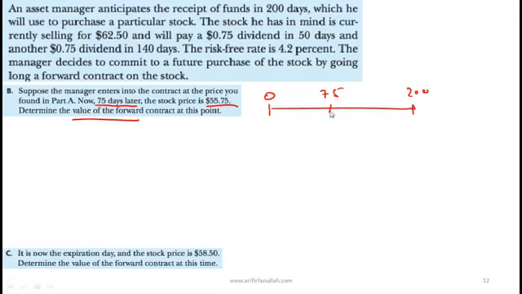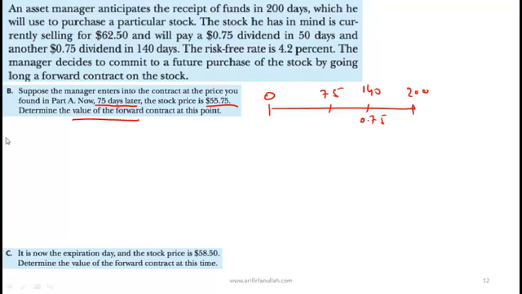So now you are on day 75. Do you still need to worry about the dividend that had already been paid? No, that's gone, done. Now are you worried about the next dividend? On day 140, the dividend of 0.75 is going to be important.